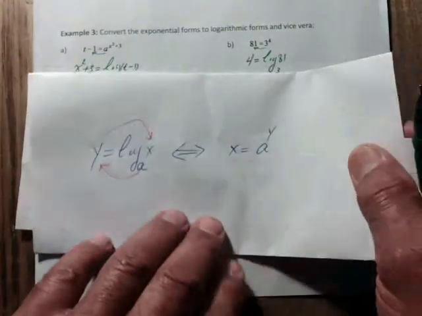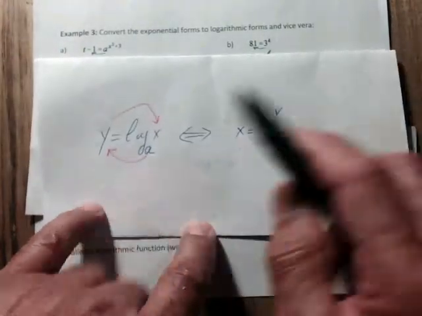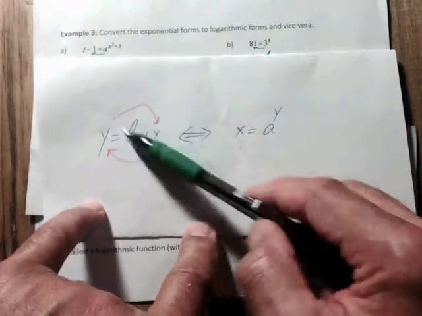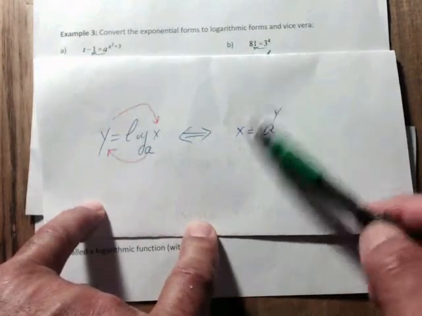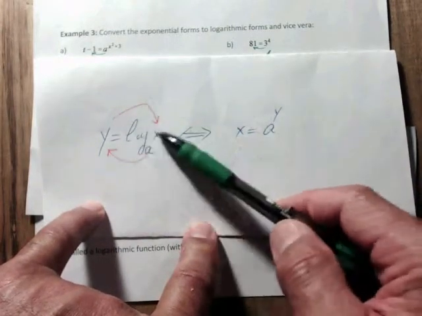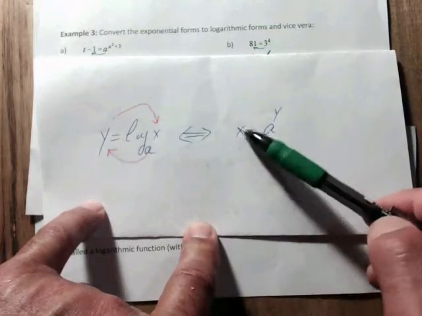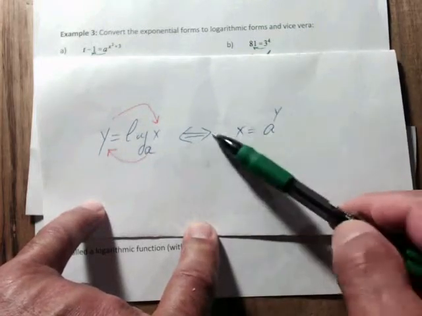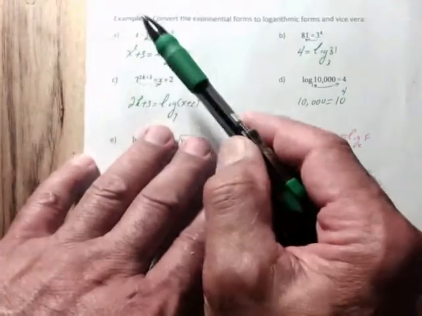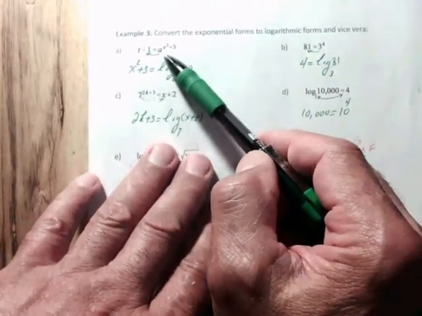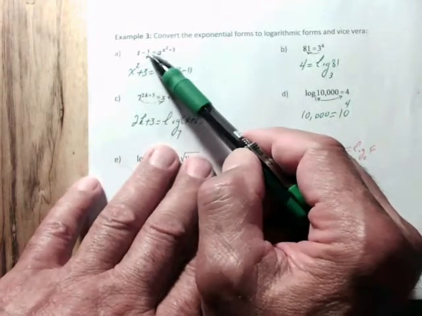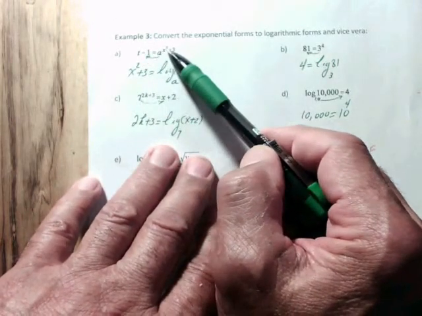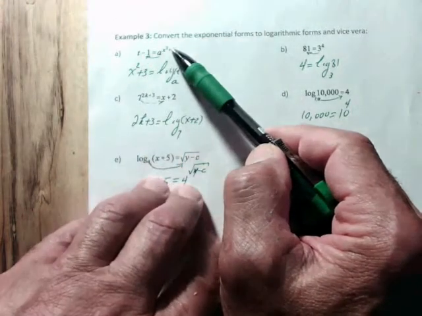Of course, the key to the solution is the main definition we have. If you have logarithmic, you can write exponential. If you have exponential, you can write logarithmic, depending upon whether you want this power to come first or this one. Here we have t minus 1 equal to a to the power x squared plus 3.